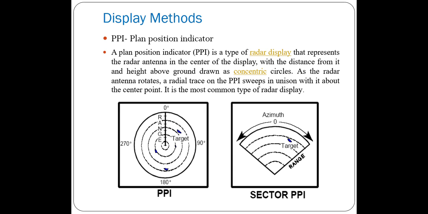The distance of the bright spot radiating outward from the center gives the radar range or distance of the target from the radar transmitter, while the direction in which the spot deflects at a certain instant corresponds to the direction of the radar antenna at that instant.